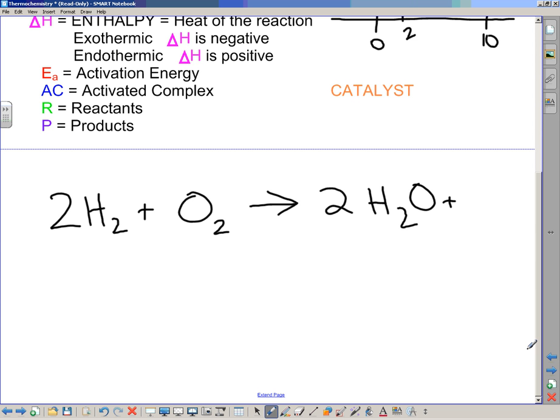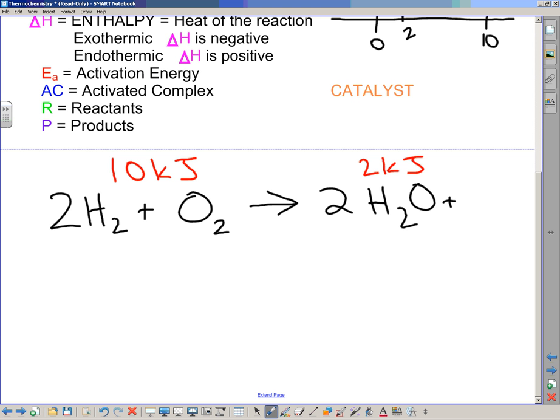Let's say with these 3 molecules over here, we had a total of 10 kilojoules of energy stored within those chemical bonds. I'm making up the number. The number itself is irrelevant. Over here, we now have just 2 kilojoules of energy stored within those bonds of the water molecules. Where does the other 8 kilojoules go?